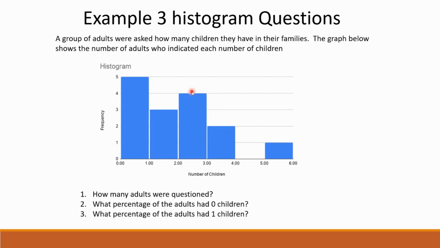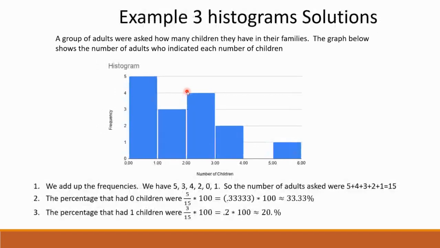No adult is going to give more than one answer. That wouldn't make sense. So to get how many adults there were, we add up the frequencies. And that's what I'm doing here. We have 5, 3, 4, 2. This one we can really ignore, but I put 0 anyway, and 1. We get 15.